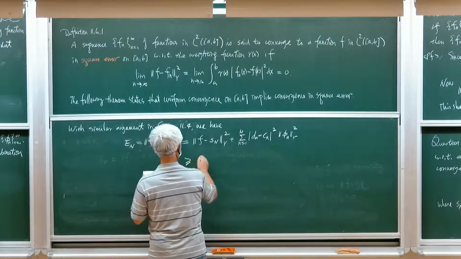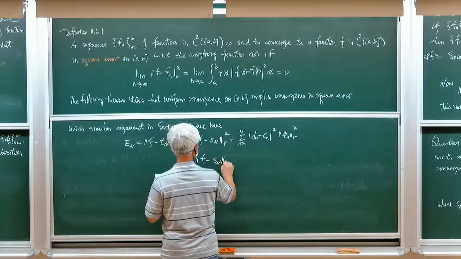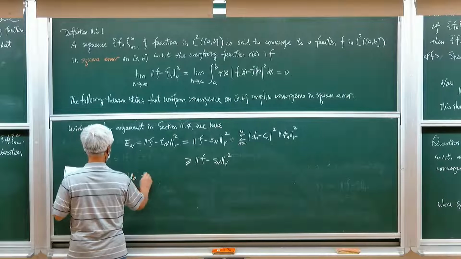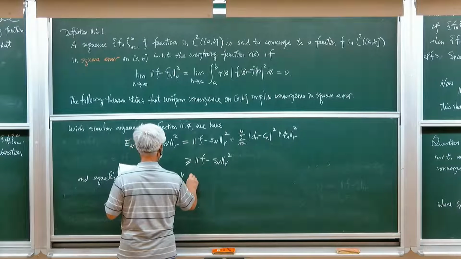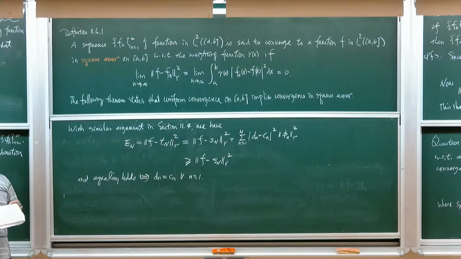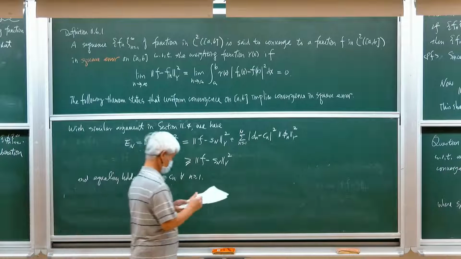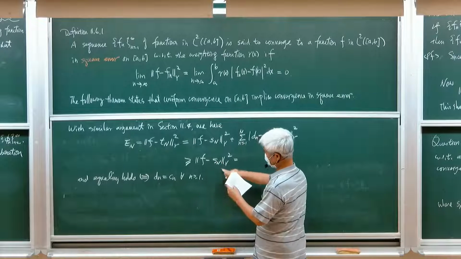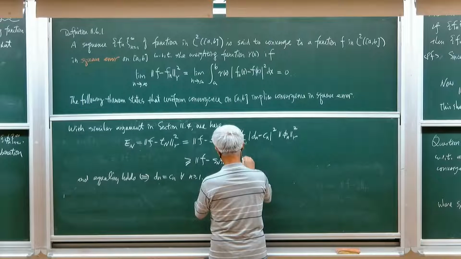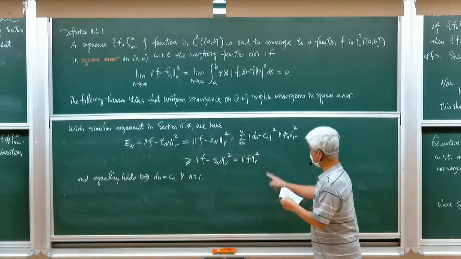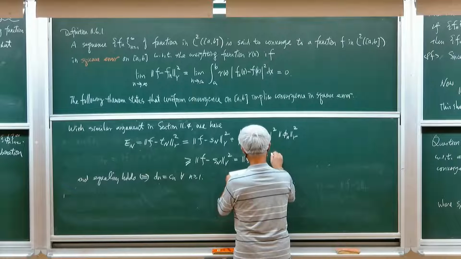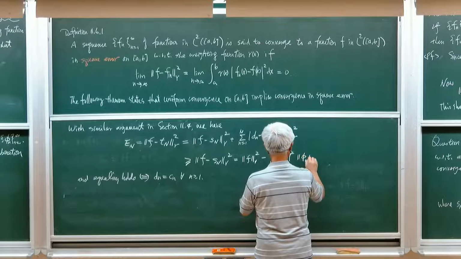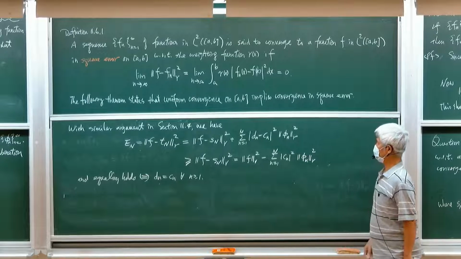So of course, we have this one immediately, and the equality holds if and only if dn is equal to cn for all n greater than or equal to 1. So the best approximation would be the partial sum function. Okay, and we also know the difference is equal to the square of the length of function f minus the summation of the squared coefficients terms. Okay, right. So we have this one.